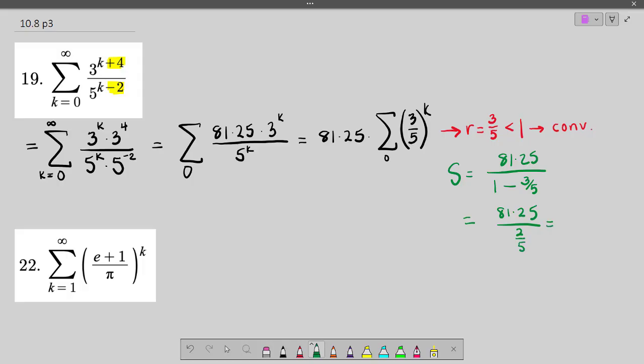And I think someone's going to have to multiply this out for me. So multiply 125 times 81. It's 10,125. So that will be, thank you, the sum of the series.